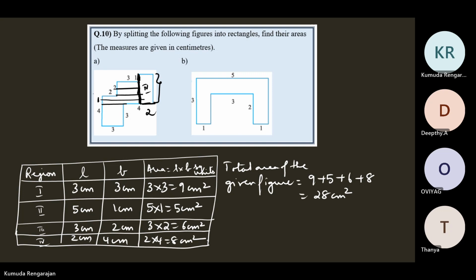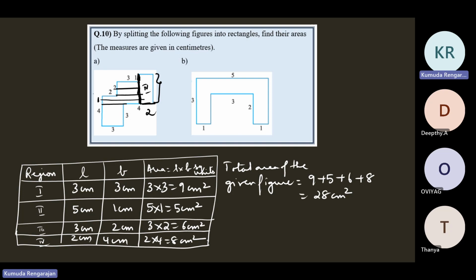Yes, ma'am, it was 28. Did we get the same answer earlier or a different answer? Same answer. So however you divide it, if you find the dimensions carefully, you will all get the same answer.